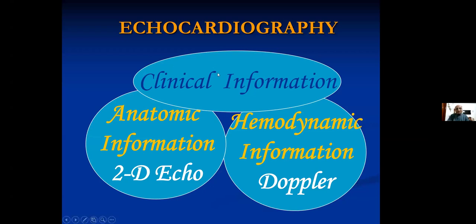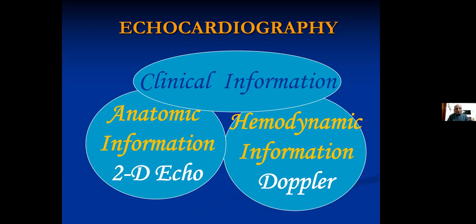A clinical information, extremely important. Do not jump directly to echo. Start with a history, physical examination, ECG, etc. to get a general idea. After the clinical information, you don't neglect a 2D echo. A 2D echo gives you complete anatomic information and almost a semi-quantitative idea of severity.